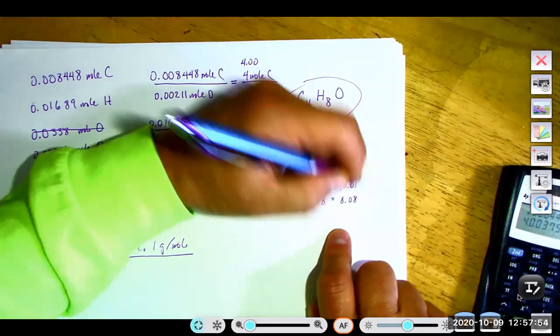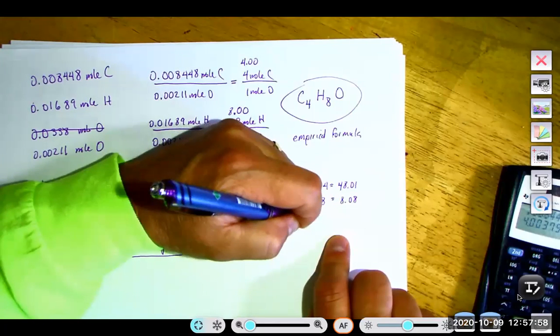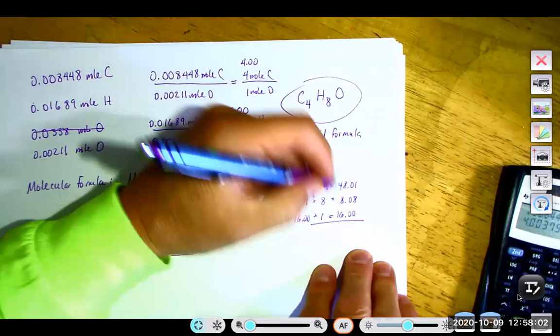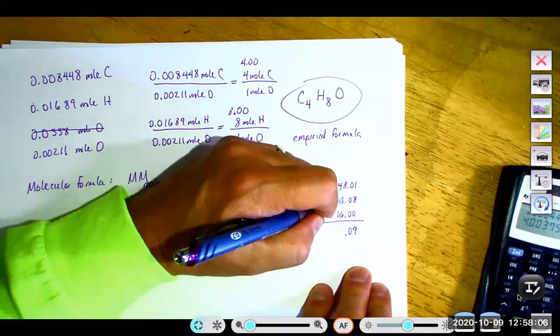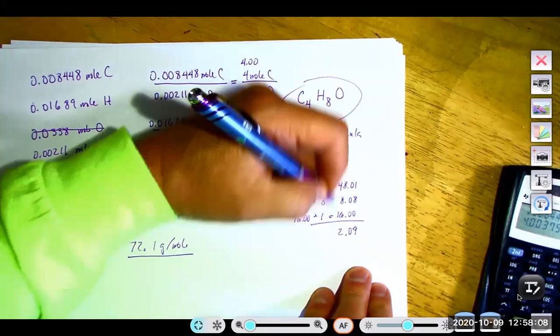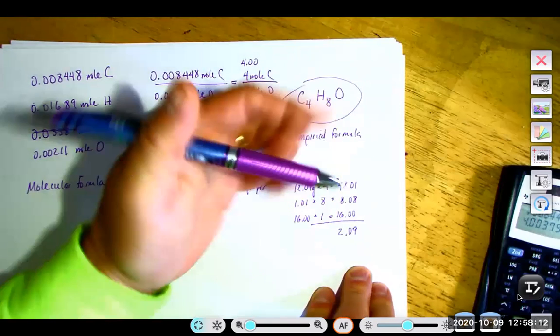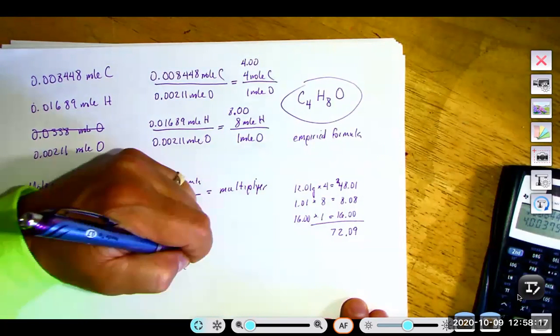And 16.00 times 1, which is 16. And when we add these all up together, 8 plus 8 is 16, plus 6 is 22. Carry 2 because that's 20, and you get 72. So here the multiplier is 1.